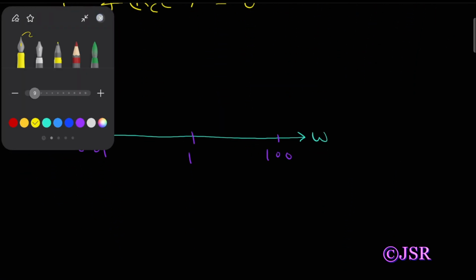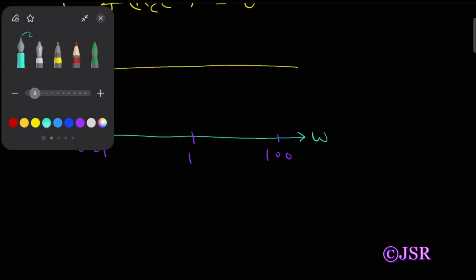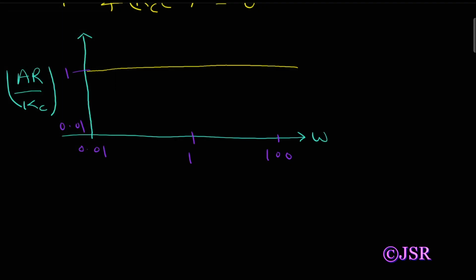So for the gain plot, for all omega, AR by Kc will be equal to 1. So this will be the gain plot for P controller. Similarly, the phase plot can also be plotted this way.